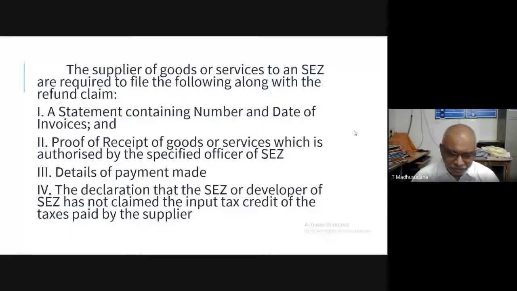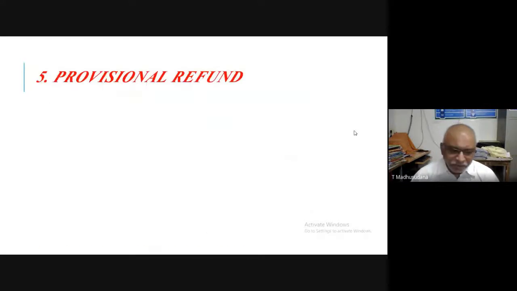So a declaration is essential in this regard. Okay, so these are the procedures to be followed by the exporters of goods, exporters of services, or suppliers of goods or services to the special economic zones or the SEZ developers.